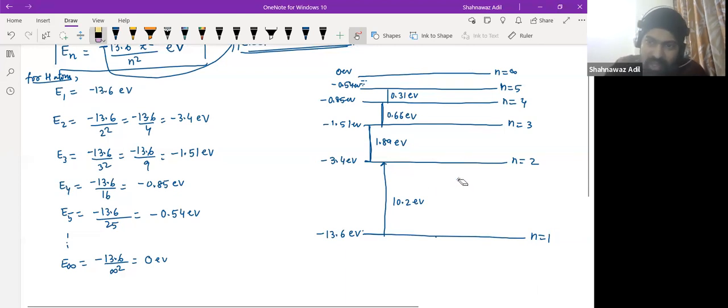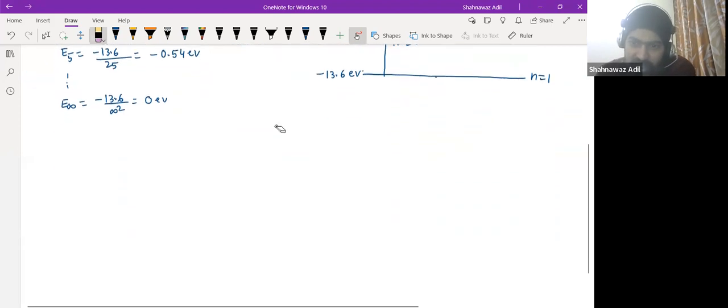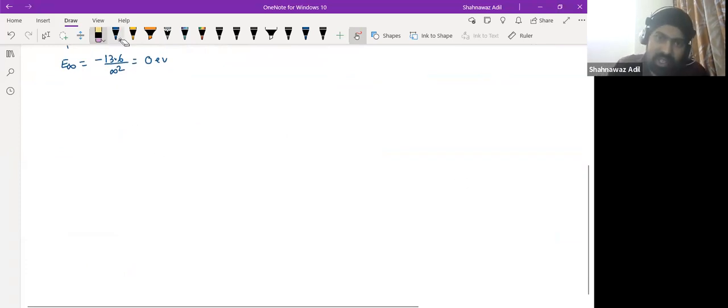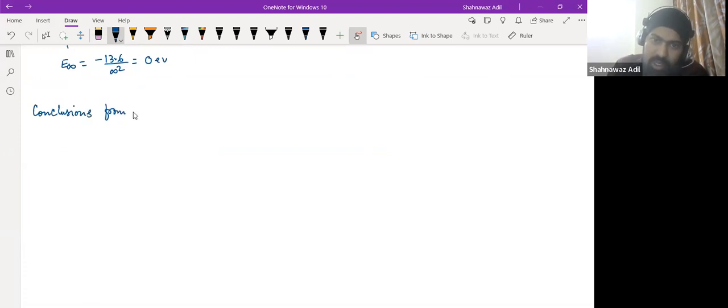So this is the first conclusion that we can make, that electrons are at specific locations, which means that the energy levels of this electron are quantized, right? Let us write the conclusions that we can make from the energy level diagram.